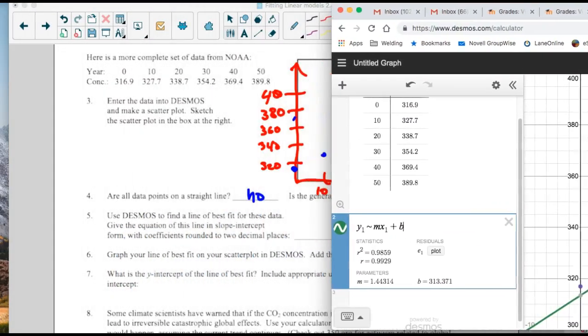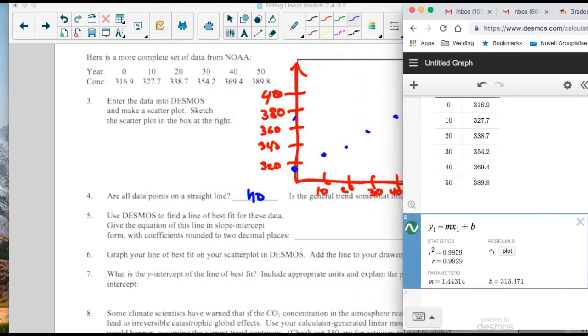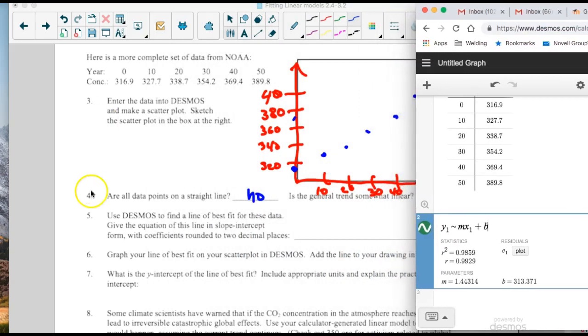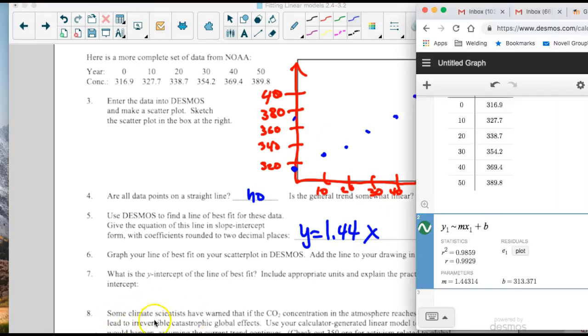Okay, so let's put that there. It says to 2 decimal places. So it's 1.44. y equals 1.44x plus 313.37.